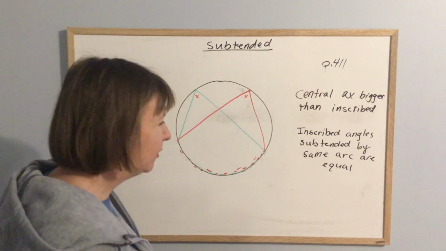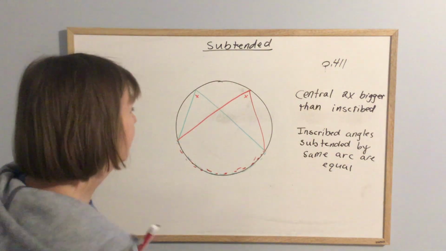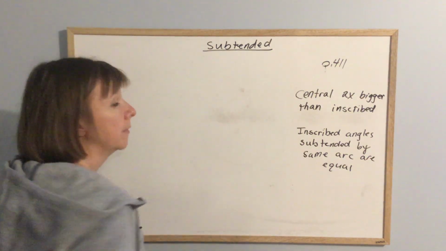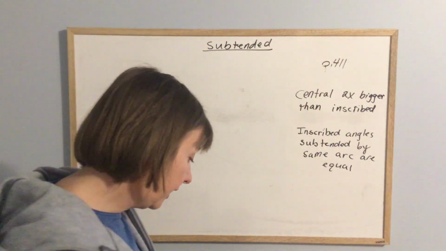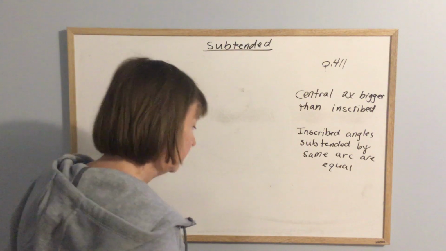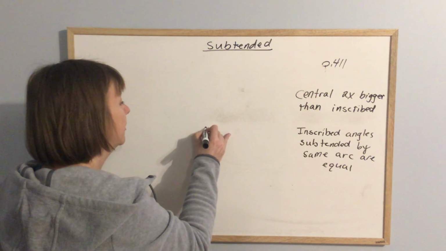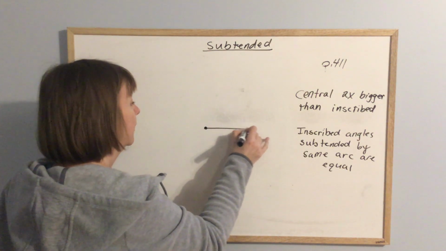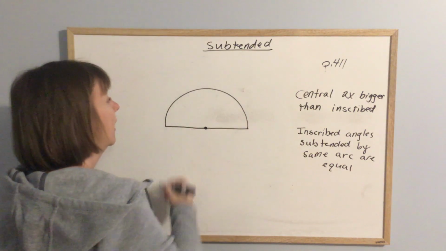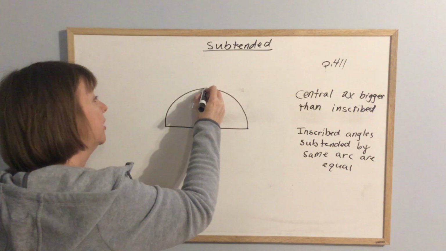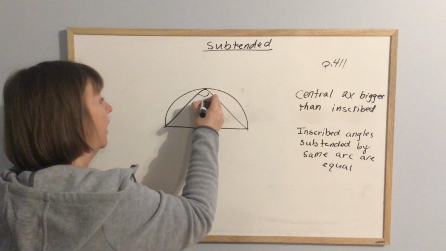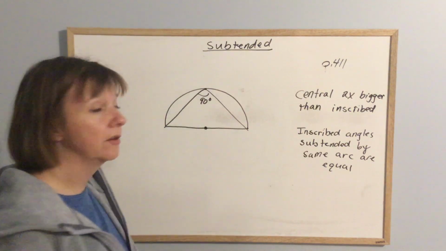All right, and then they make one that's kind of obvious. They say the angle inscribed in a semicircle is a right angle. So a semicircle, here's the center. A semicircle is just half a circle, all right? And so what they're saying is if you have an inscribed angle, this angle has to be 90 degrees.